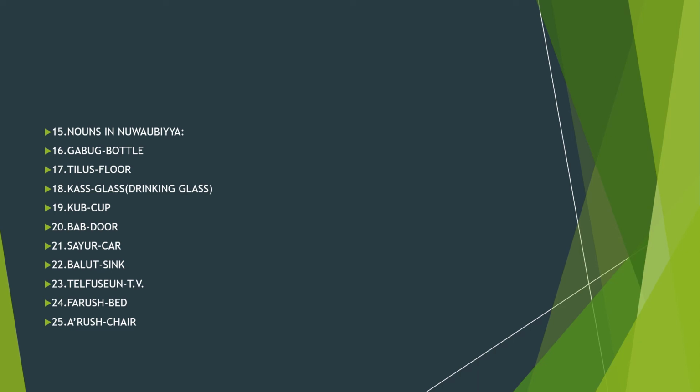Okay, number 20, we have the word bab. Now, we know that B's are hard, but Nuwaubik is an Arabic-based Creole, so some of these words, the nouns, are still influenced by their previous pronunciation in order for them to be said correctly.